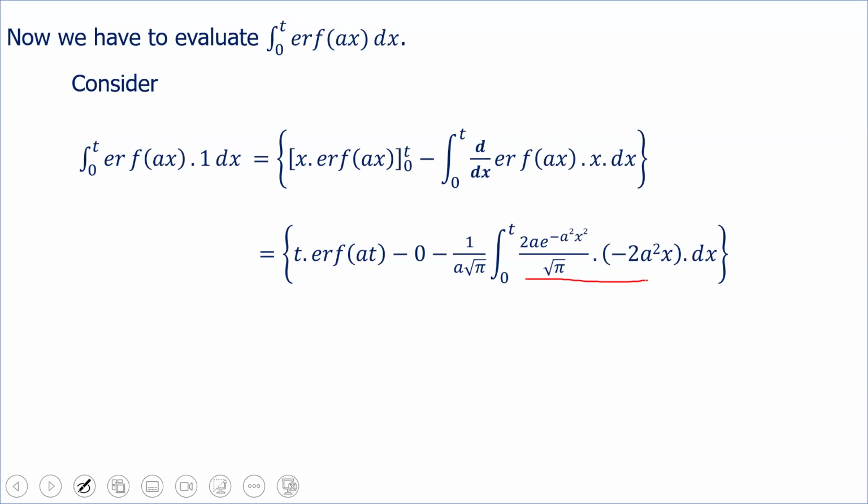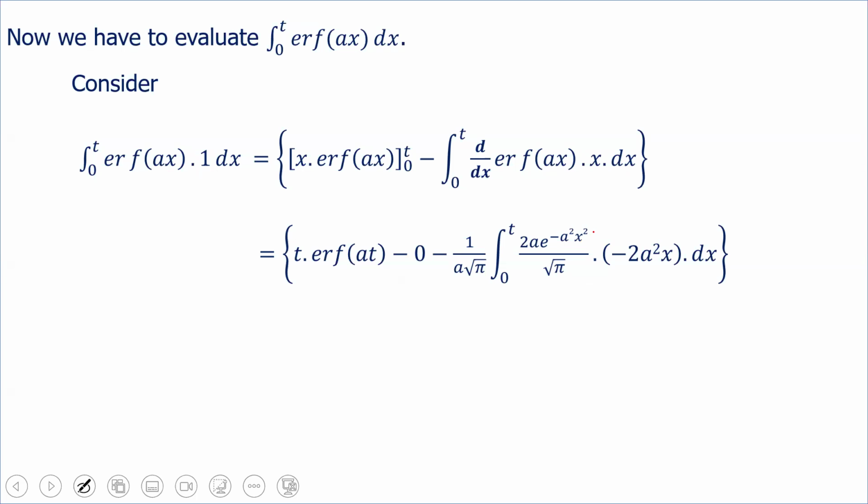So what we have done, we are multiplying and dividing by this 2a e to the power minus a square x square upon root pi.